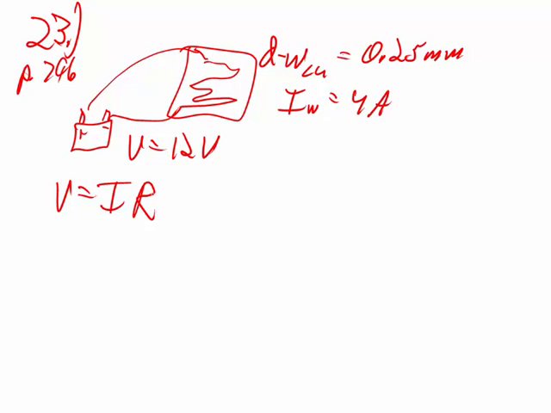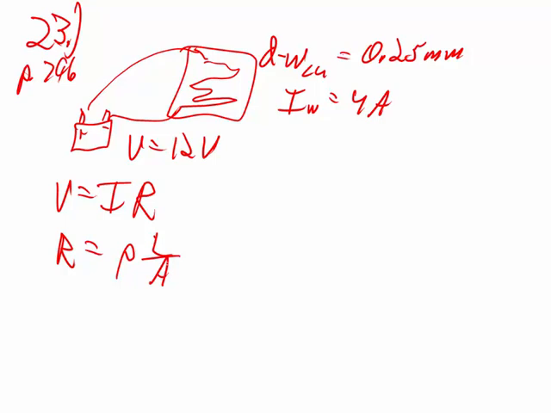So to find the resistance in a material, whether it's a wire or whatever, R is equal to the resistivity of the wire, times the length of the wire, divided by the area of the wire.